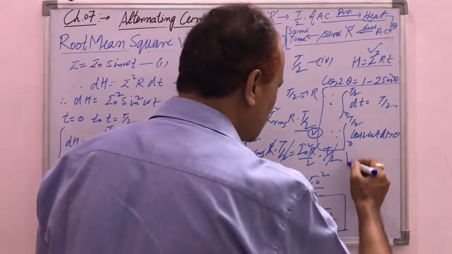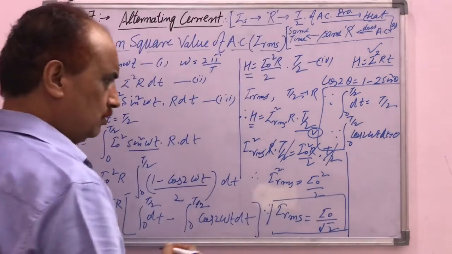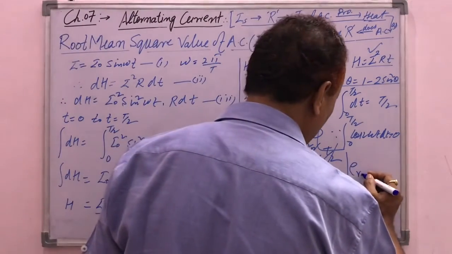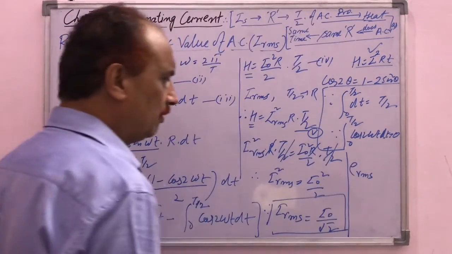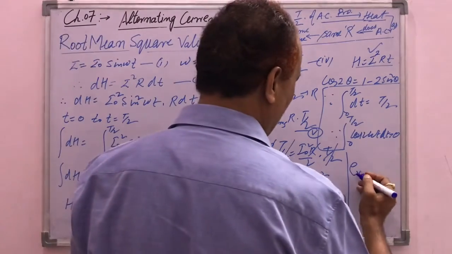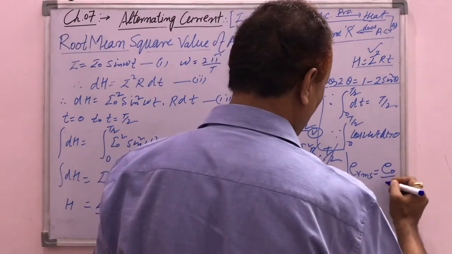Similarly, we can write the expression for the EMF. E RMS means root mean square value of EMF, and E RMS will be equal to E naught upon root 2.